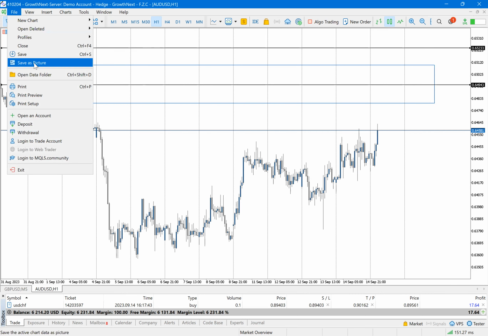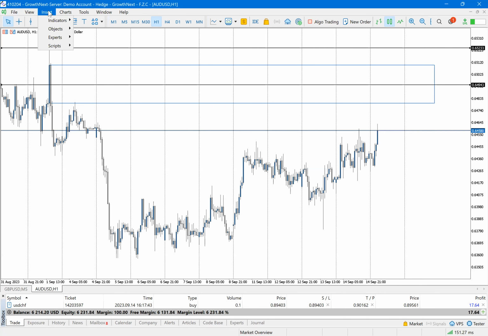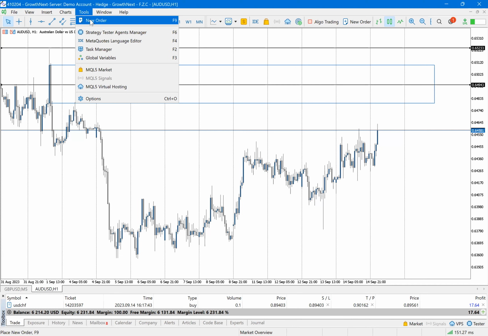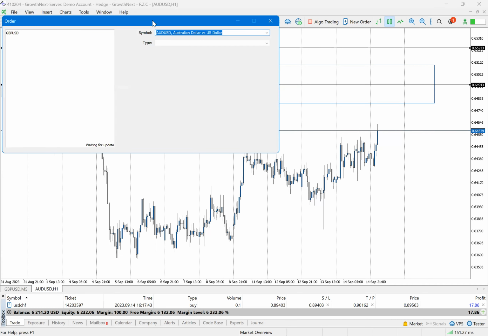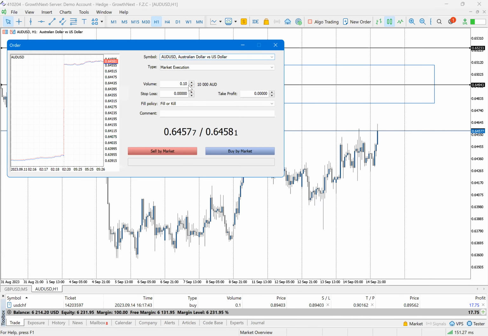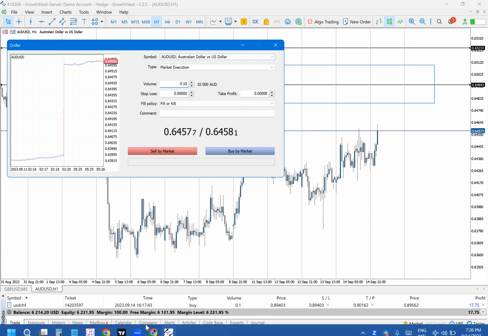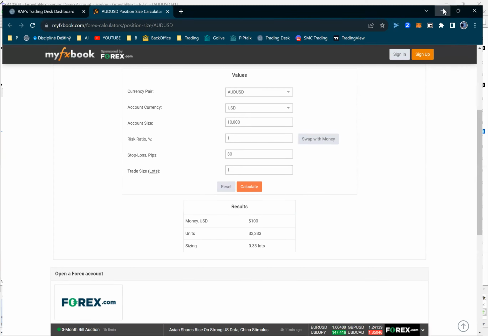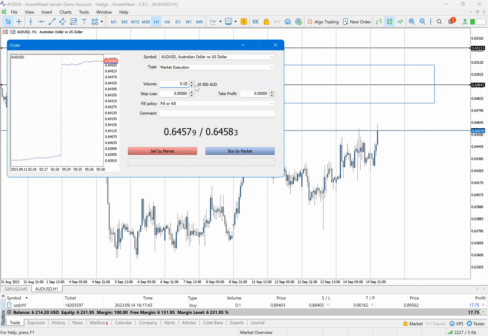Chart, new order, AUD USD. Based off of what we calculated here, for this 30 pip stop loss, our lot size is going to be 0.33. That way we can risk $100 on this trade. So 0.33.